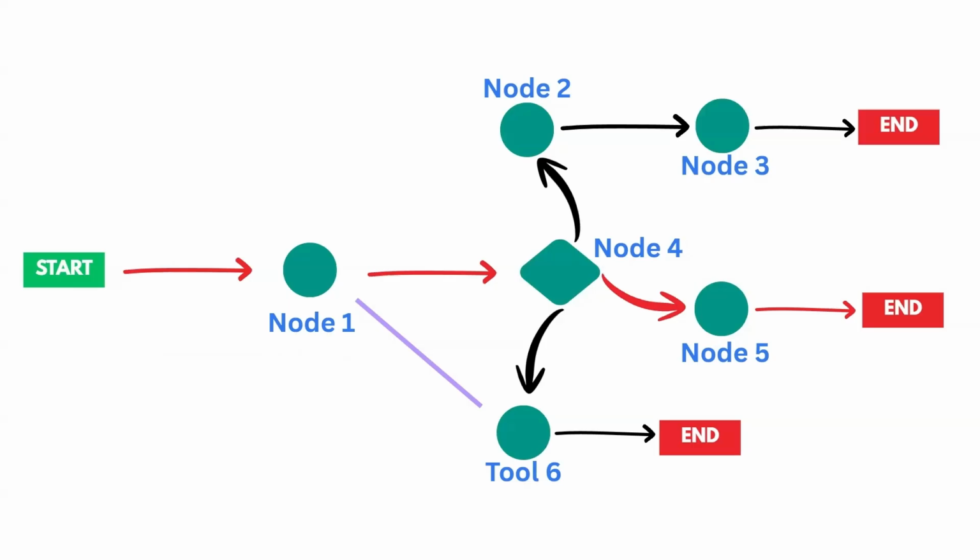Point to be noted, paths can exist for both directed and undirected graphs. So here this path is starting from start, node 1, node 4, node 5 and end. So this is a complete path which is a sequence of vertices.